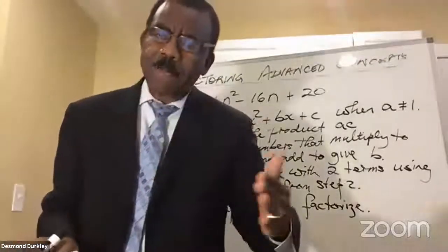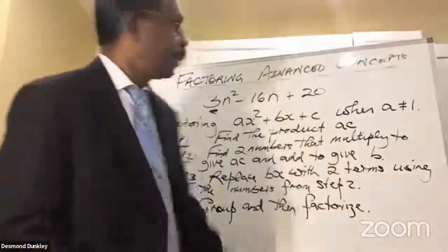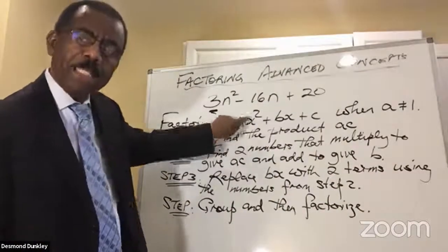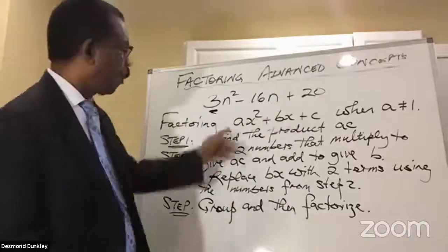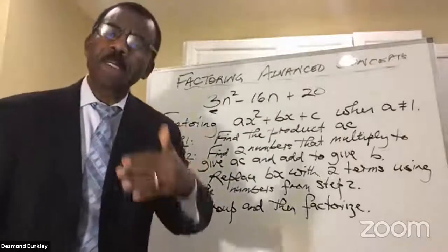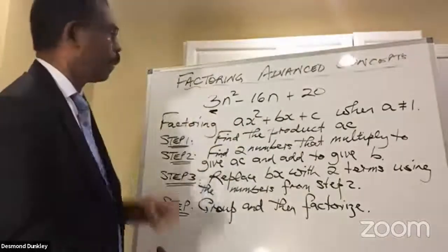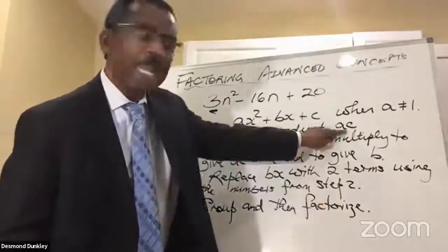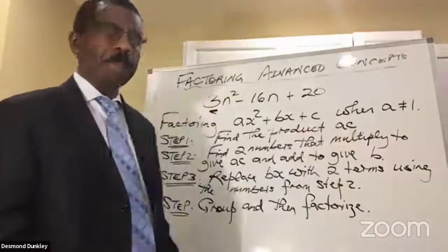I like to give the steps and then we practice. So let's go over again. We need to get this factorized, ax squared plus bx plus c, where a is a number which is not 1. First thing first, we multiply a times c and we get a product ac.